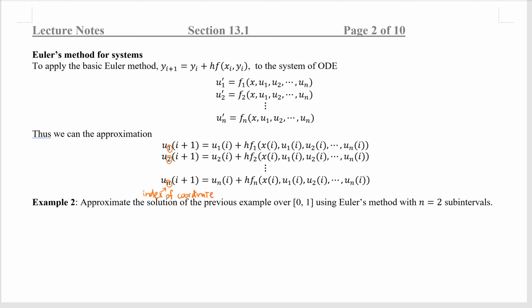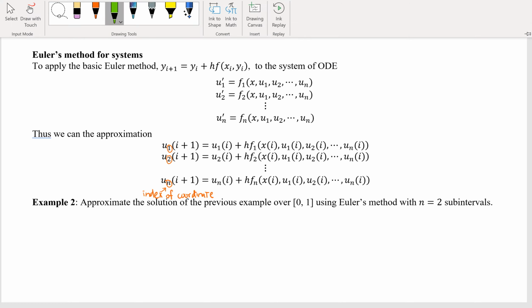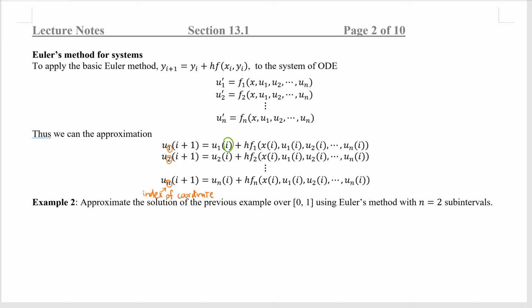And the i in the parentheses, so this is i plus 1, they are the index of the iterations.